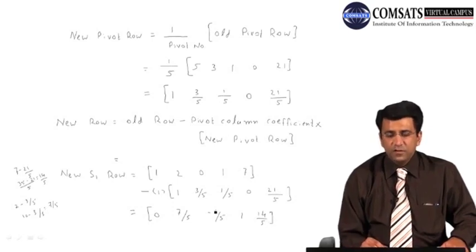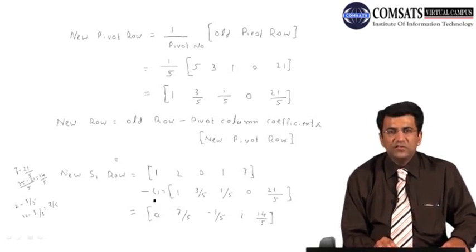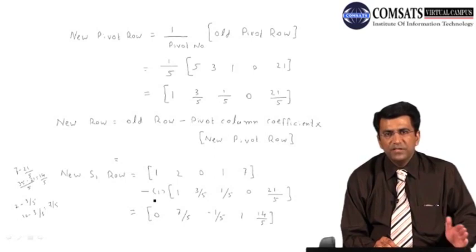So class, in this way we have computed the new S2 row. Now again, if we make the new table, we will replace the old S2 row by this new row. One row we'll have to compute more, that is the objective function row.